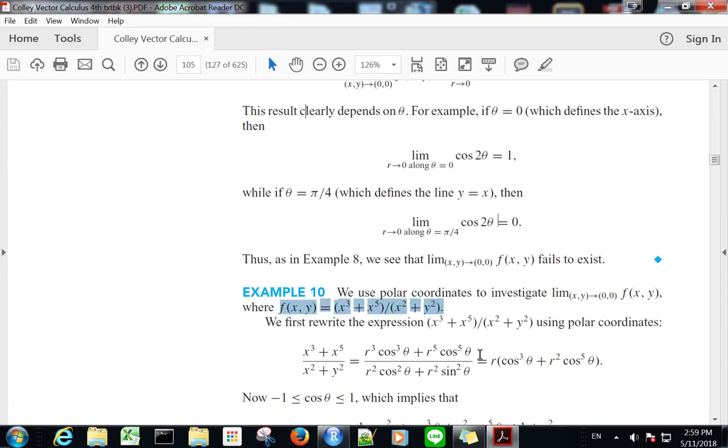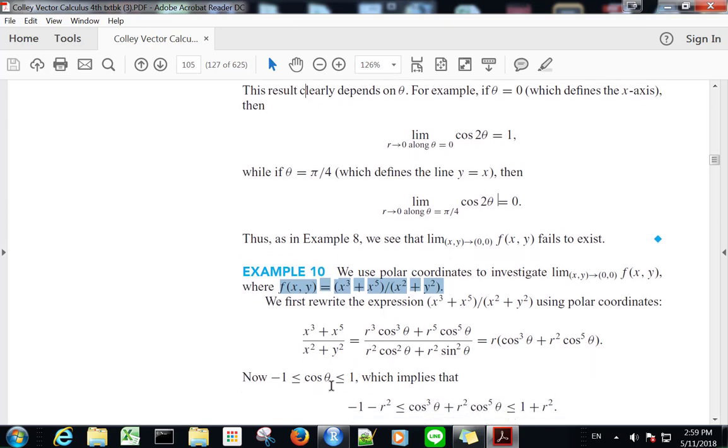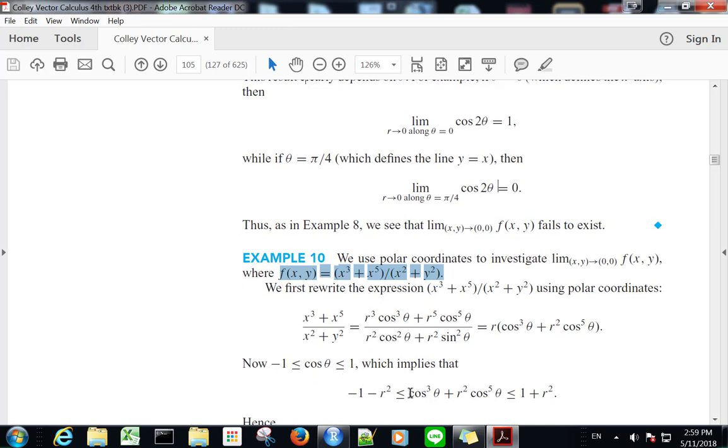They say let's use polar coordinates on this one as well. So we take this, we get that. Now cosine theta will always be between -1 and 1. So that means that you can do this, I guess, but you're subtracting r squared here. I don't know, what are they doing here?